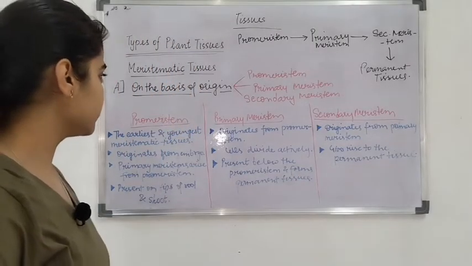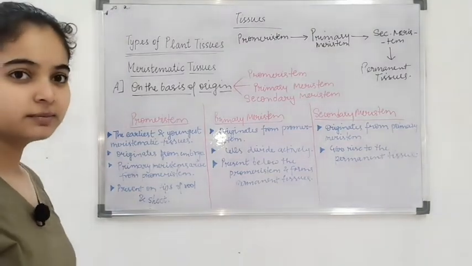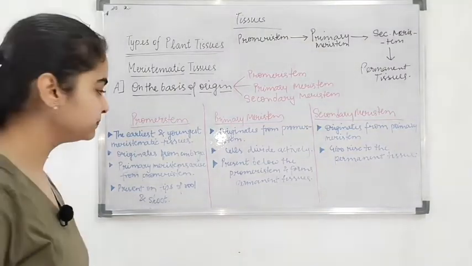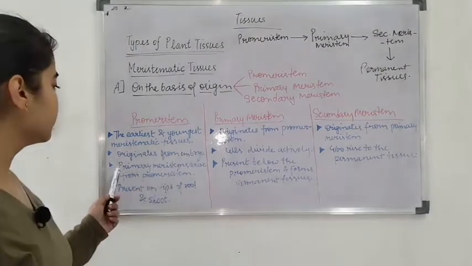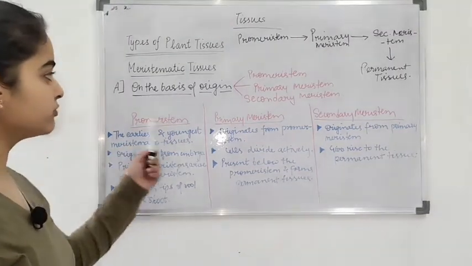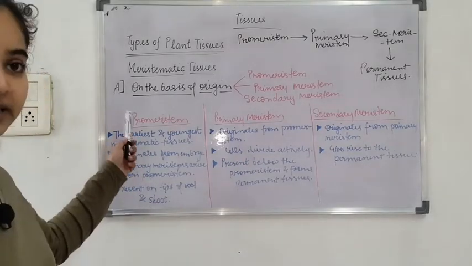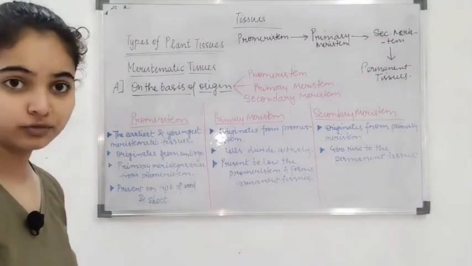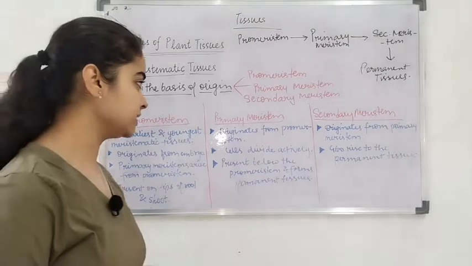These are the characteristics of each one of them. Promeristem. Promeristem is the earliest and the youngest meristematic tissue. It originates from the embryo, and primary meristem arises from the promeristem. Promeristem tissues are present on the tips of root and the shoot. Primary meristem.